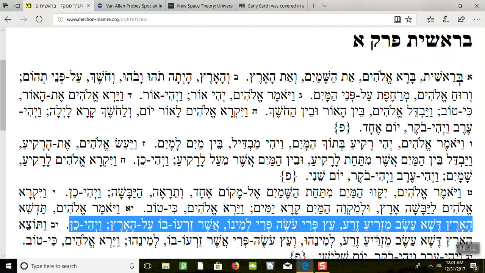So essentially, God said, let's make DNA and RNA that the seed is able to produce. And then you'll find etz pri, oseh pri, which is fruit that is able to make fruit, which is DNA and RNA.